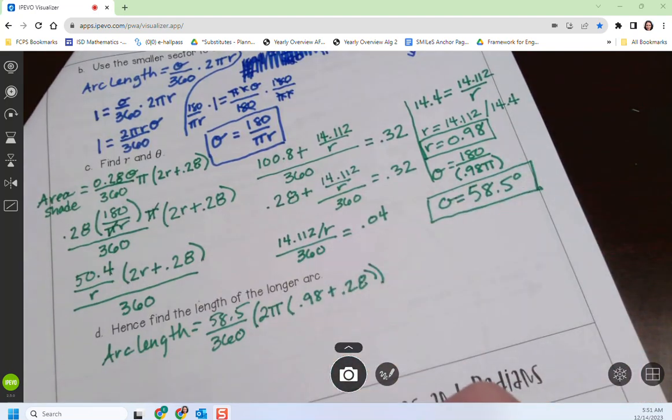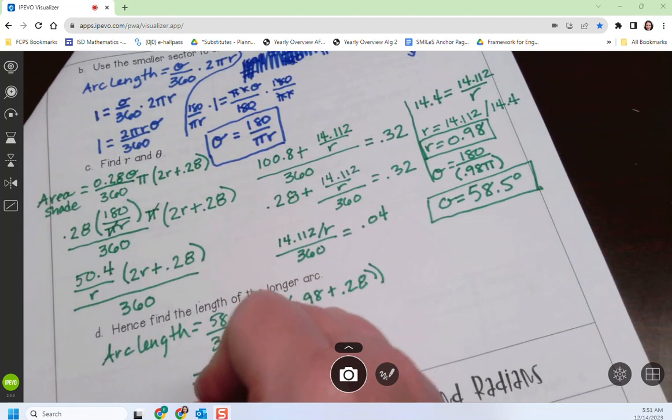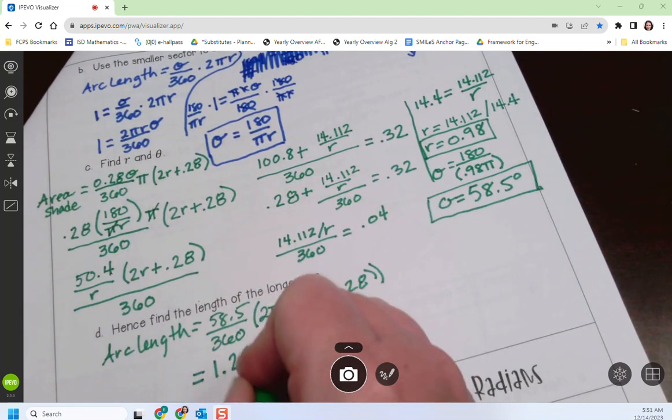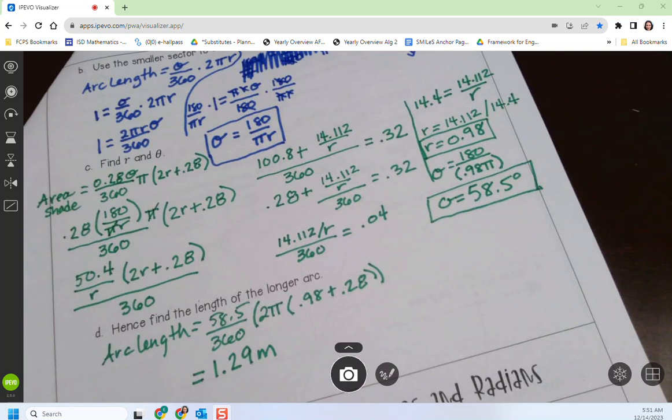All right, and when you calculate that, you will get that it is about 1.29 meters.